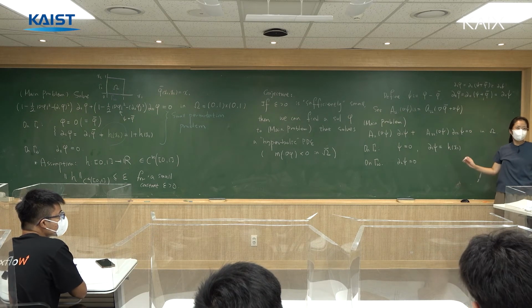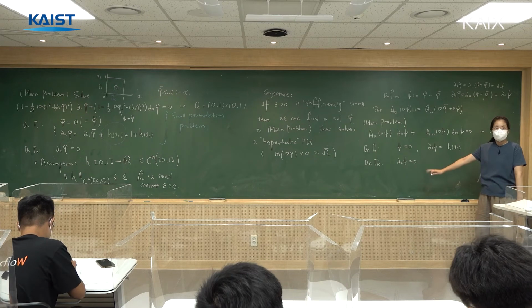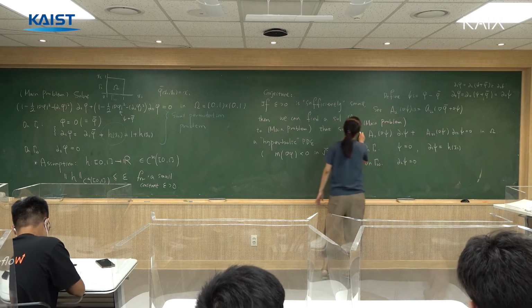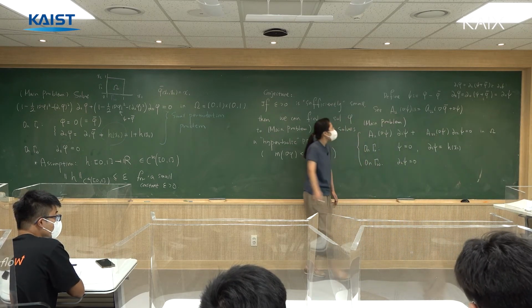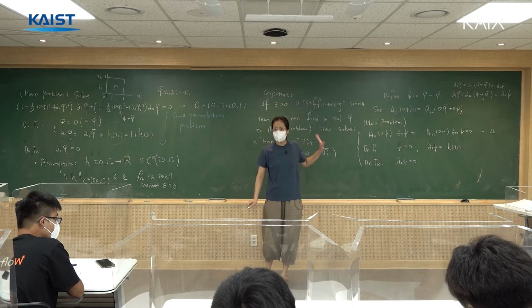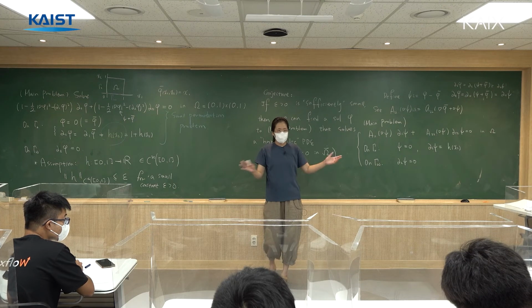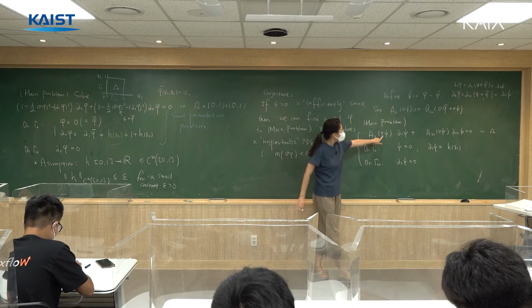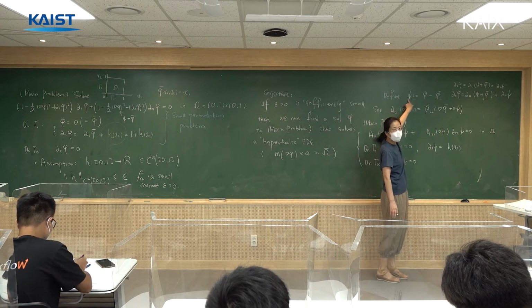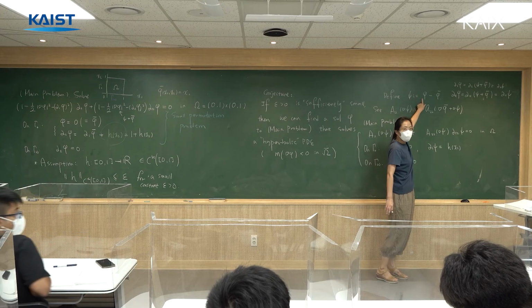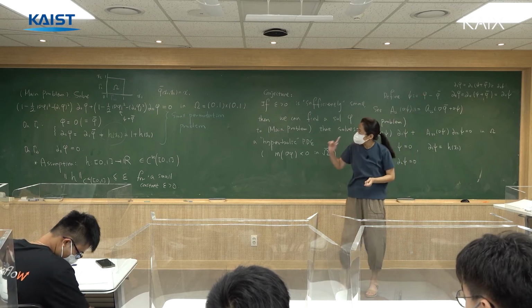Nothing difficult. So now we can rewrite the problem as a perturbation function and try to solve this one. Once you find the solution for this one, you know psi, just put it back in here. That's going to give you phi, which is the solution of the original problem.